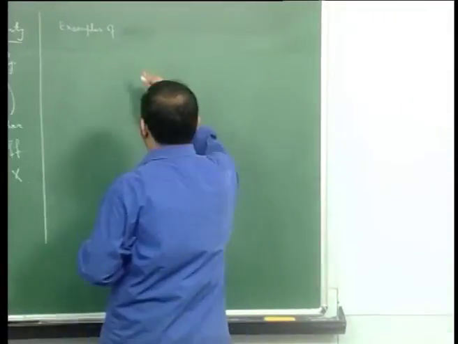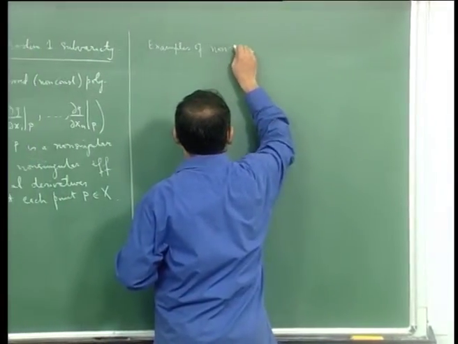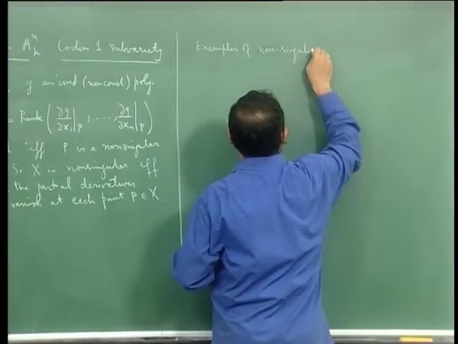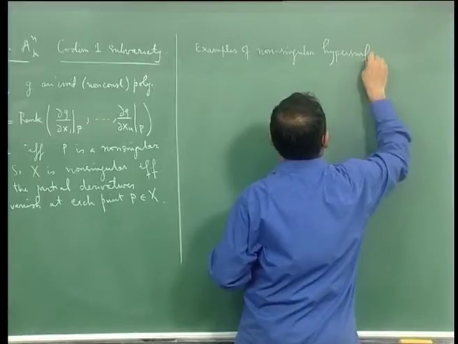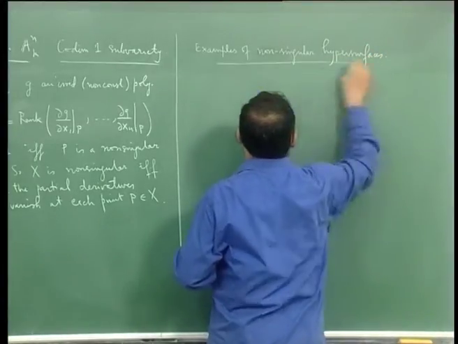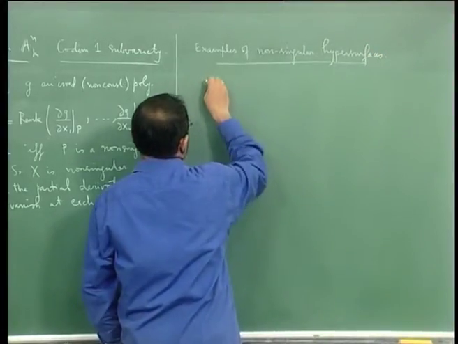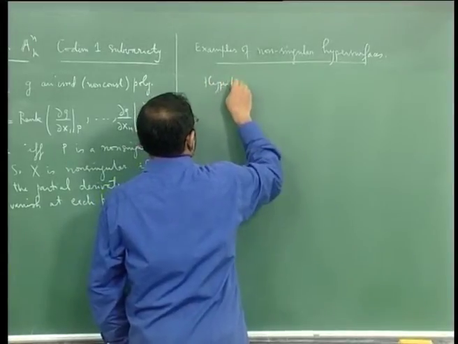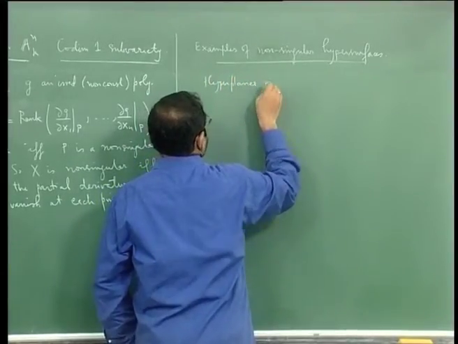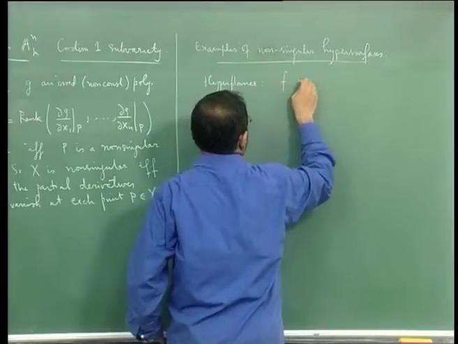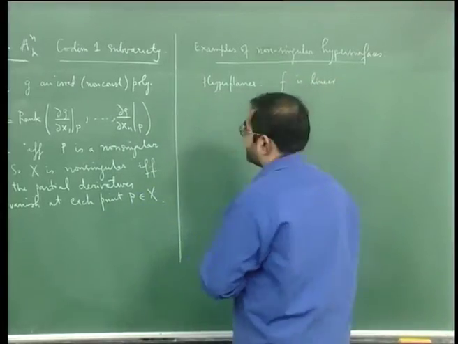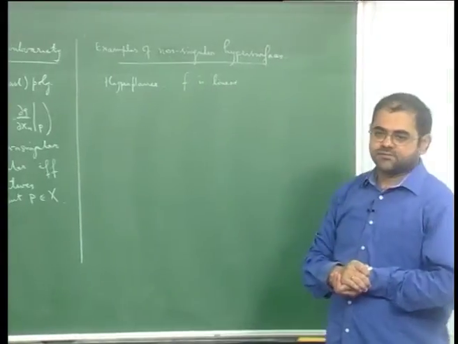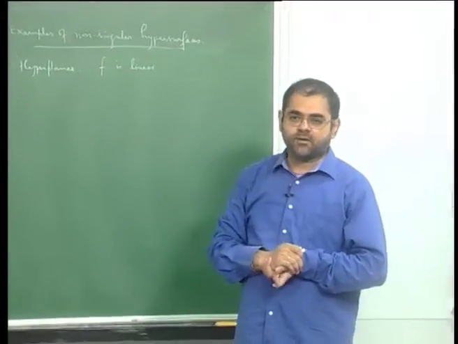So examples of non-singular hypersurfaces are, well, hyperplanes, which are given by f linear. F need not be homogeneous, f is just a linear polynomial.